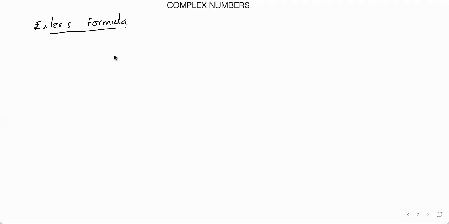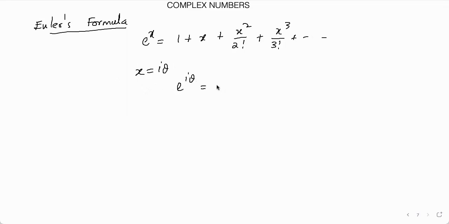By assuming the infinite expansion of e to the power of x, which is 1 plus x plus x square by 2 factorial plus x cube by 3 factorial and so on, from elementary calculus, when x is equal to i theta, so this is e to the power of i theta, you get cos theta plus i sin theta, which is called Euler's formula.